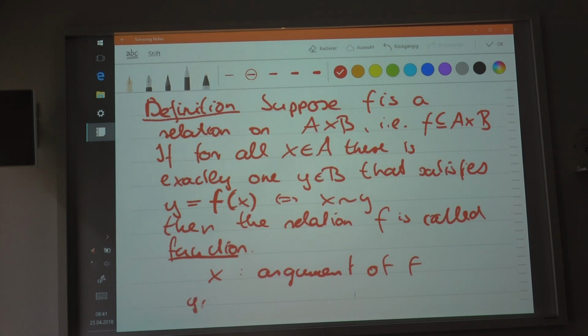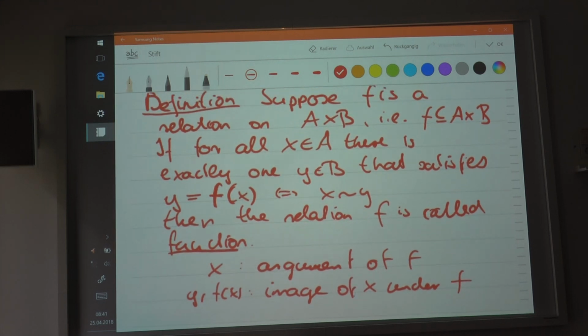And y, or f of x, is called the image of x under f. Now this is something that you might see, but probably no one actually told you that a relation is a function here as well.